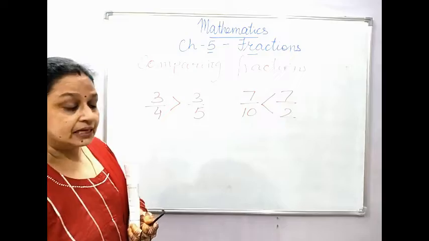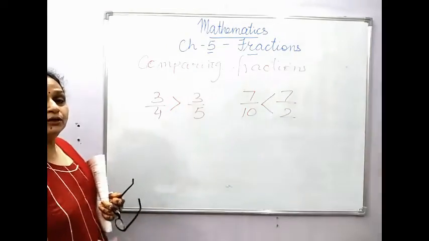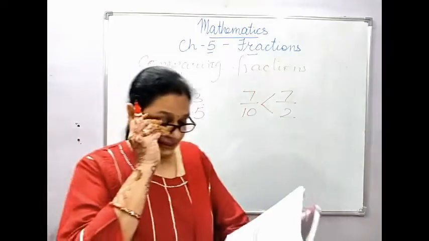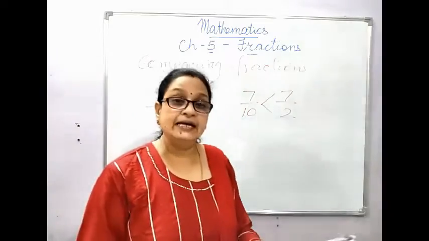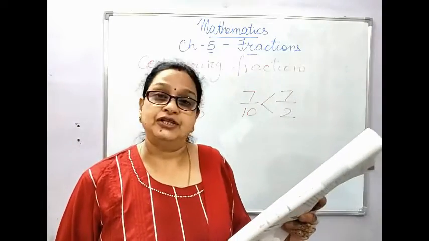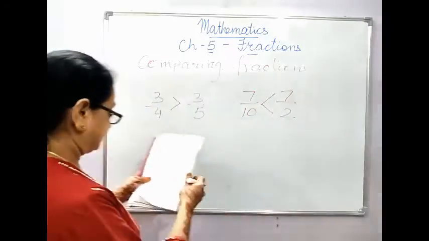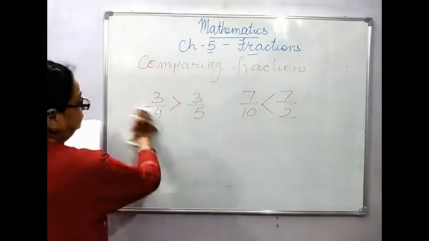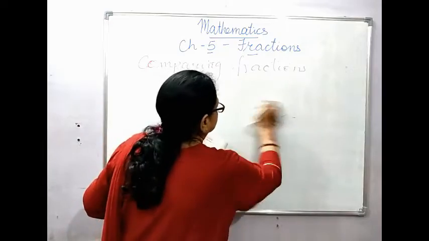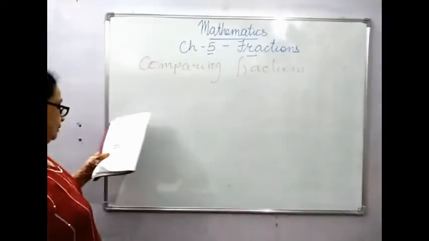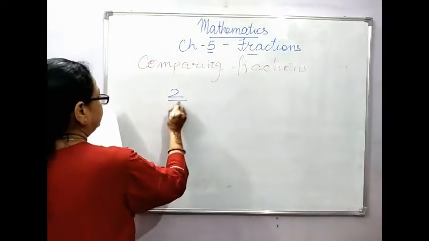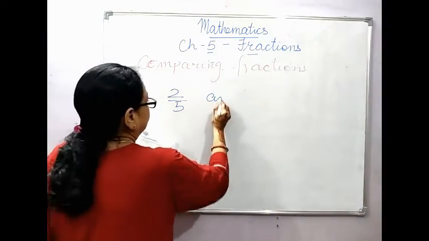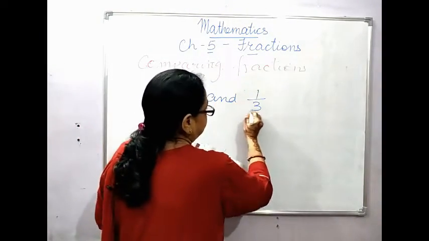Clear? Next, when the numerators are also different and the denominators are also different, that is unlike fractions with different denominators. For this, I'll take an example: 2 upon 5 and 1 upon 3.